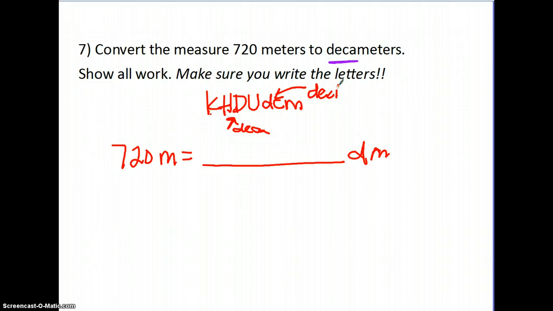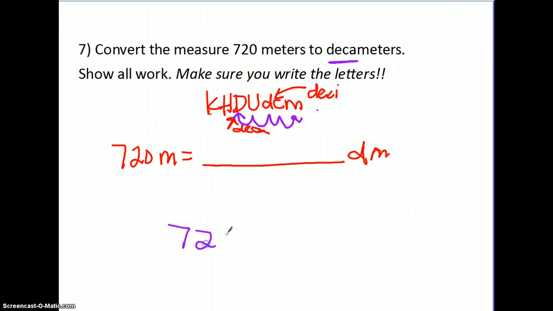Think of deca as bigger, and deci, the lowercase d, as smaller. So my pen has to start right by the meters, and I want to get to decameters, so I have to swoop once, twice, 3, and 4 times to the left.